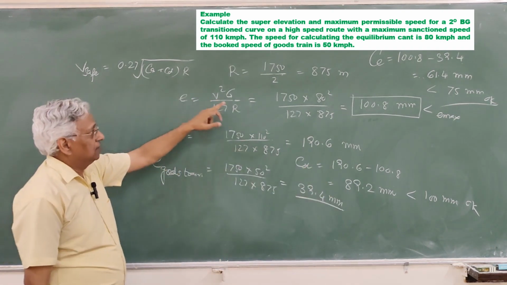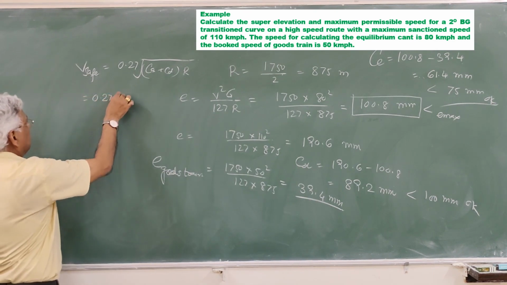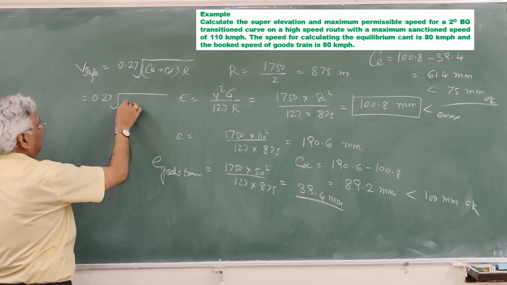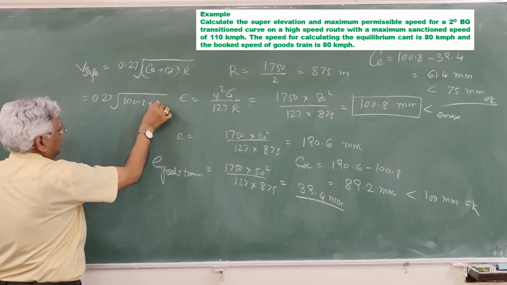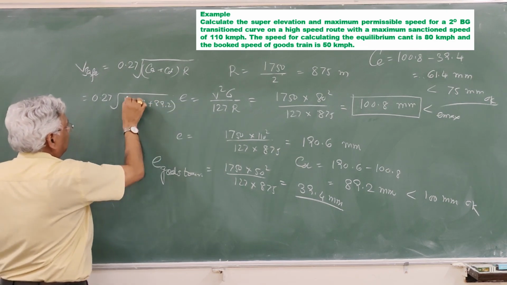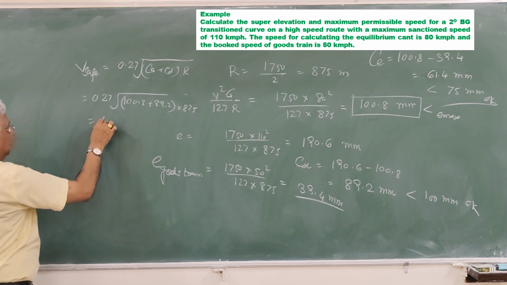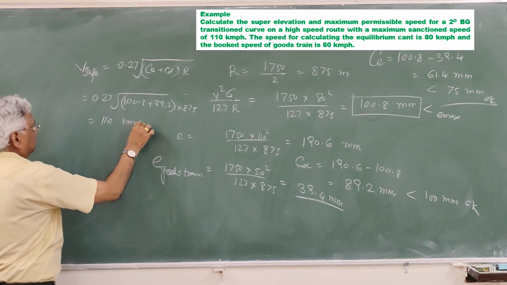And R is 875. So when you put these values, you will get same speed as 110 km per hour. That is 100.8 plus 89.2 multiplied by 875, and that is 110 km per hour.